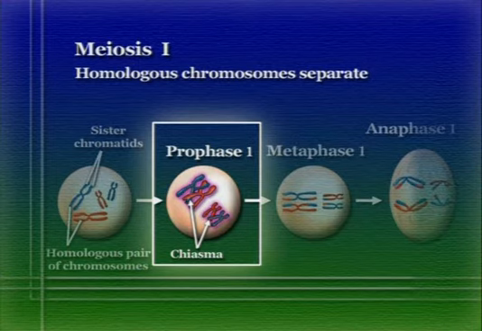If that happens, if a crossing over event, as we called it, occurs between two genes on the same chromosome, the result will effectively be the same as if those genes occurred on different chromosomes. They can assort independently.